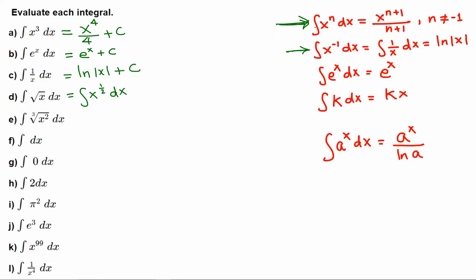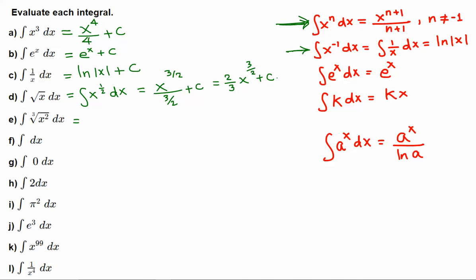That is equal to x raised to n plus 1, half plus 1, 3/2, divided by 3/2, plus C. We can simplify this: when we divide by 3/2, keep, change and flip, this becomes 2/3 in front, times x^(3/2), plus C.